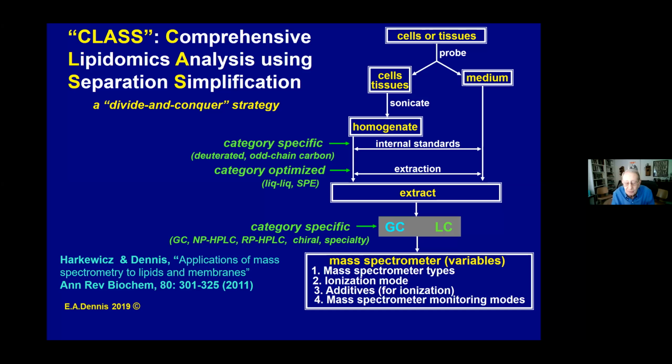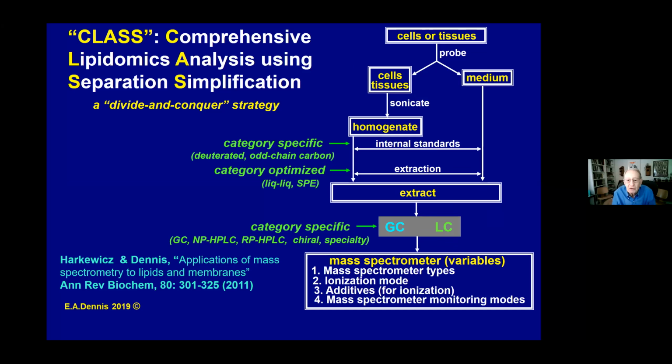So just as a brief orientation and summary of that, let me say one starts with whatever biological sample: cells, tissues, plasma, doesn't matter. In some way, one has to get that biological sample into a homogenate, which would be an aqueous solution in general, so you can sample it in a quantitative manner.